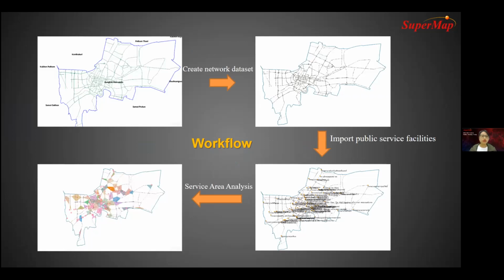First we should prepare the road data, and then create network datasets from this road data, and then we import the public service facilities, such that in this session we will use the hospitals data.